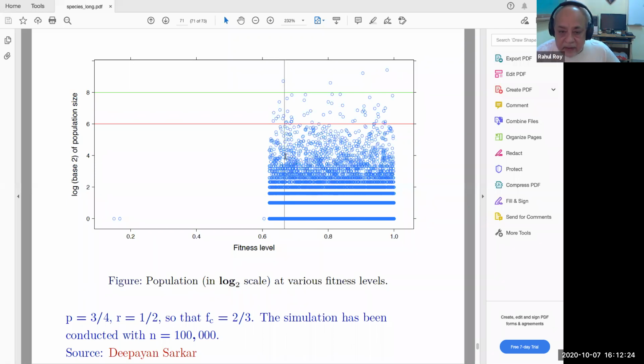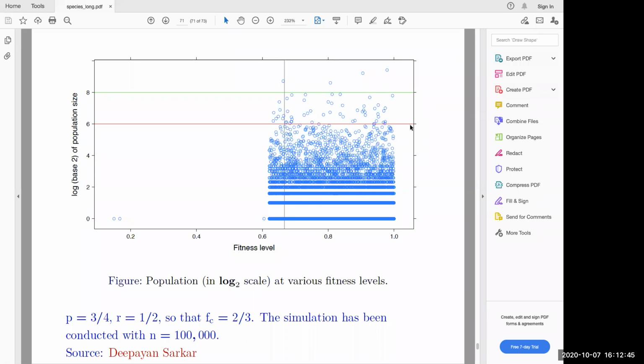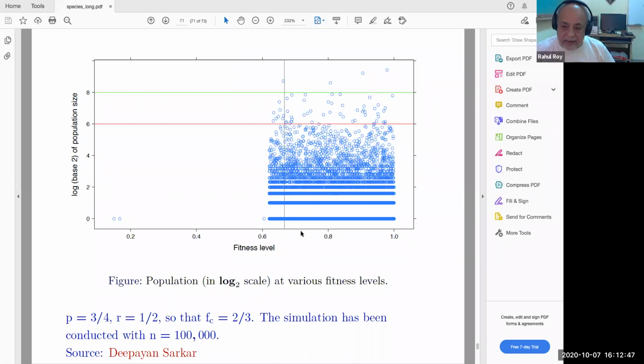But if you come here, let's say here, 2 to the power 6, where are the sites where there are more than 2 to the power 6? It corresponds to this blue dot here, and then some blue dots here, etc. Above the line, the circles correspond to one particular site on the x-axis, and it tells me that there are 2 to the power so many individuals at that site.